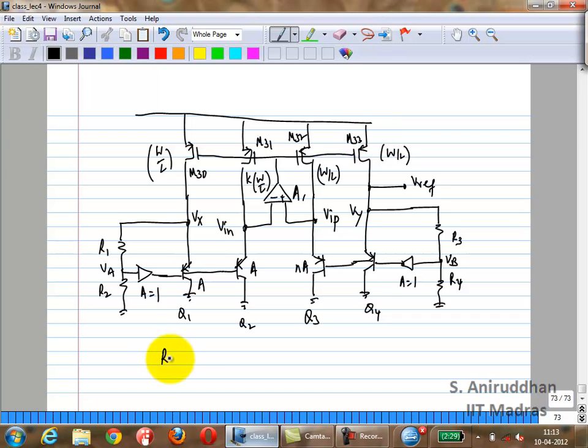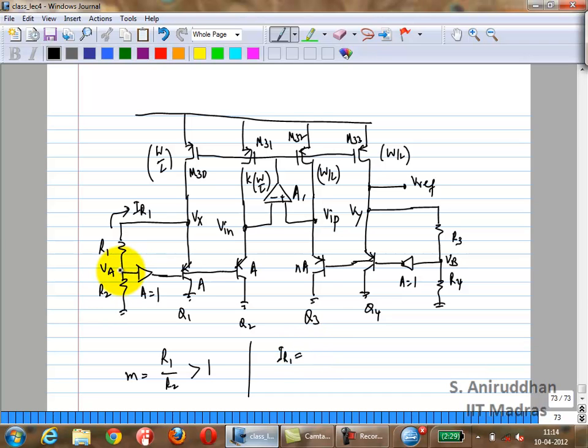So now we'll assume that R1 by R2 is greater than 1. And this is denoted by M. What is the current through R1?